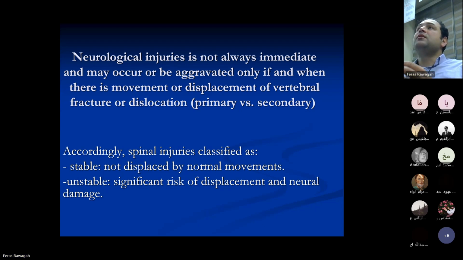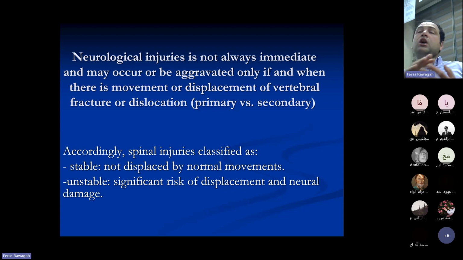And the longer the time the spinal cord is compressed, the more ischemia happens, the more necrosis happens, the more damage happens. That's why ongoing compression is considered as secondary injury. This can be prevented by early decompression of the spinal cord. Remember, early decompression of the spinal cord to prevent further damage.